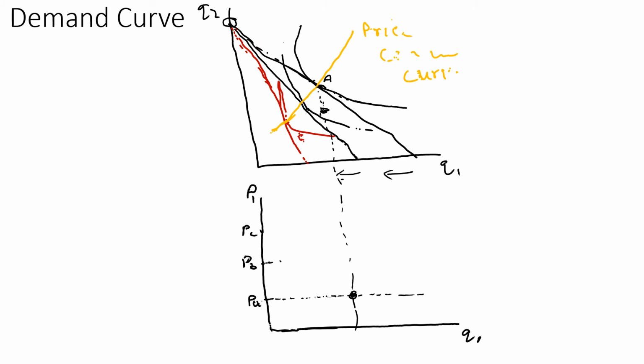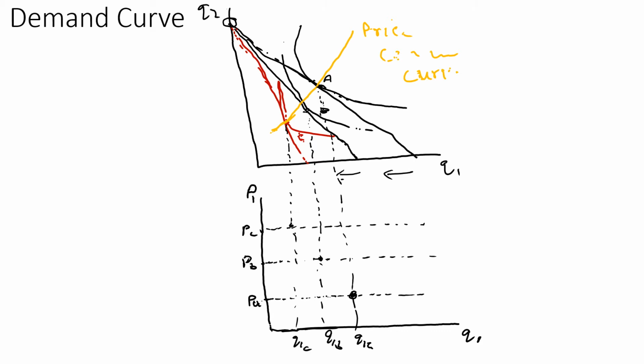At PB, the quantity demanded, we can extend this point up to here, and at PC, the quantity demanded is even lower. We are consuming less and less. So this is Q1A, Q1B and Q1C.